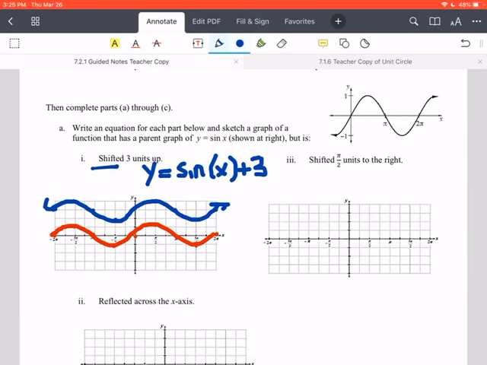Now is where the horizontal shift comes into play. You're going to notice that shifts in trigonometric functions are oftentimes in terms of pi rather than whole numbers. So I'm going to quickly put my sine function on the graph. You do the same.